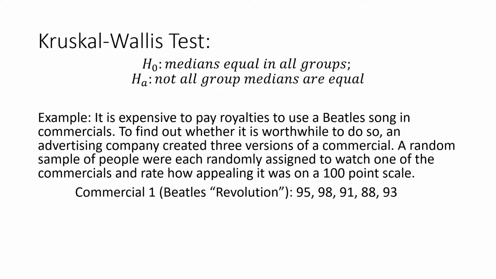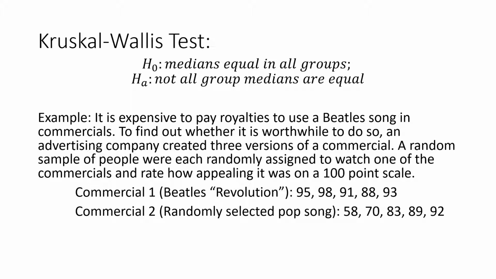The first commercial had the Beatles' Revolution as the soundtrack, and those are the appeal scores. The second one used a randomly selected pop song as the soundtrack for the commercial. And the third version used no music in the background of the commercial.